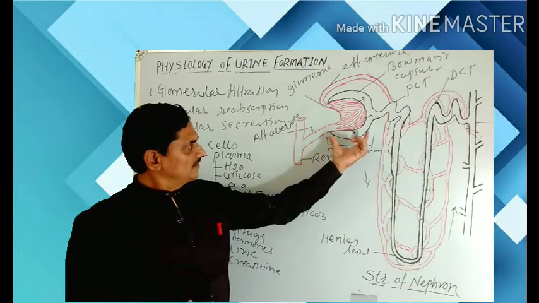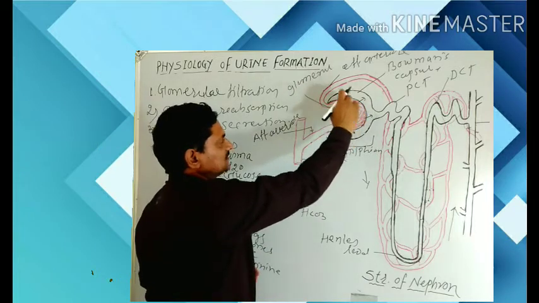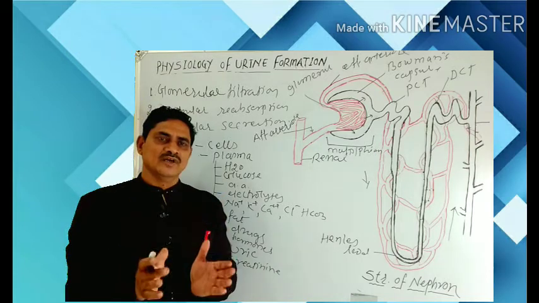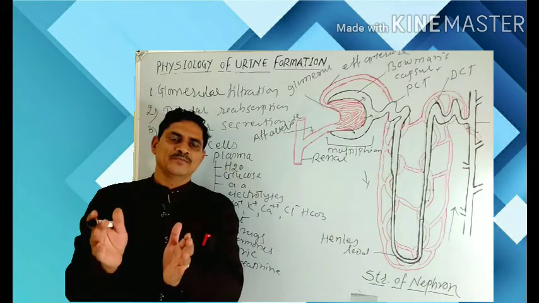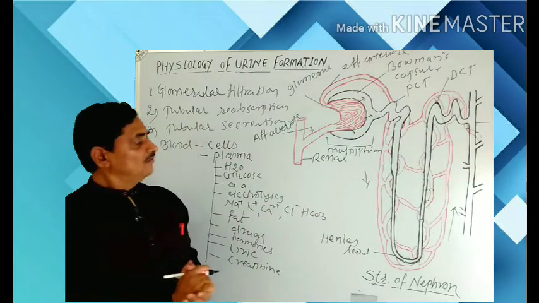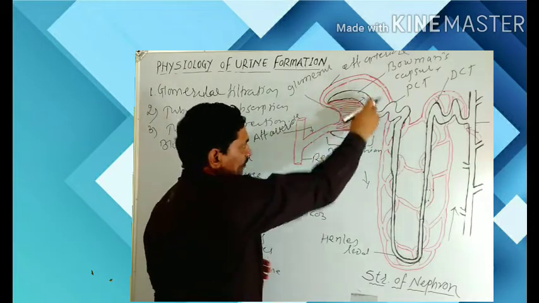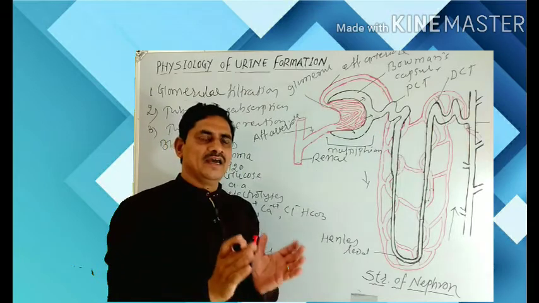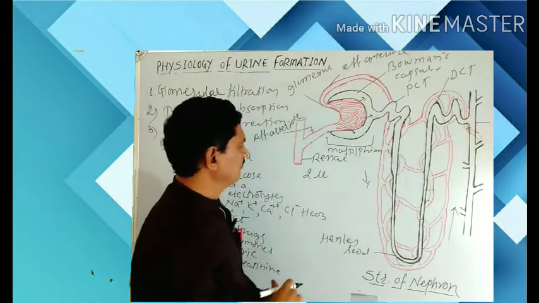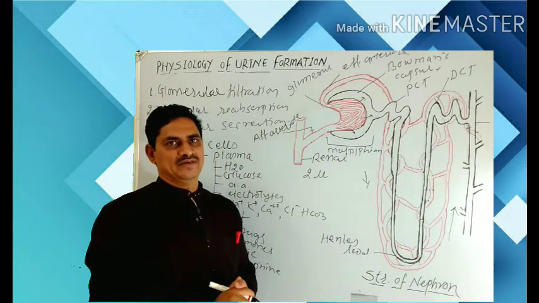This glomerular filtration occurs with the help of the glomerulus. The glomerulus is suitable for the filtration of the plasma and the plasma contents. How? The walls of these blood capillaries, the glomerular capillaries, are very thin. They have 2 micron thickness, and they are semi-permeable.